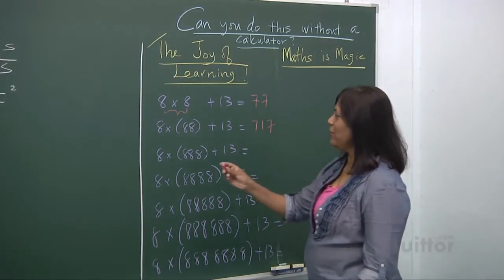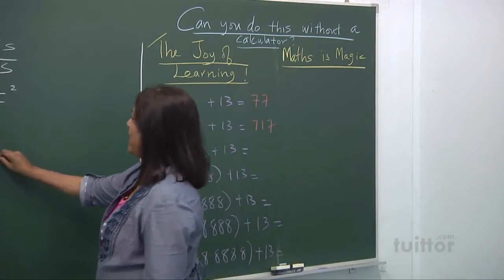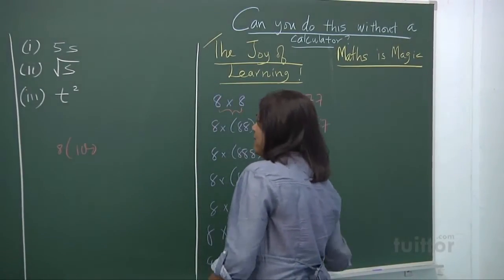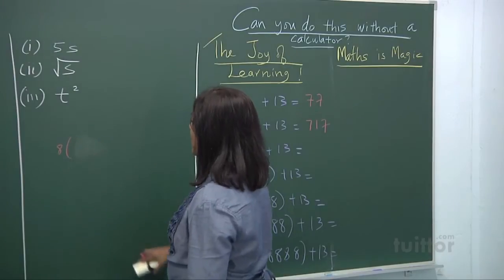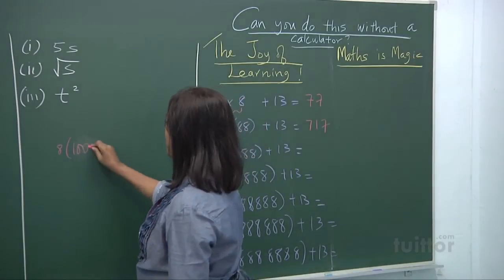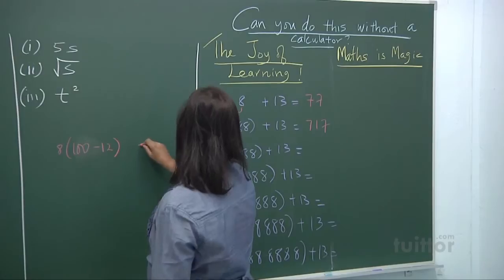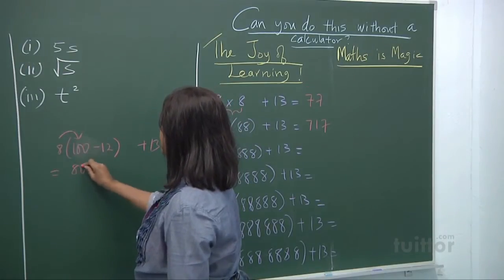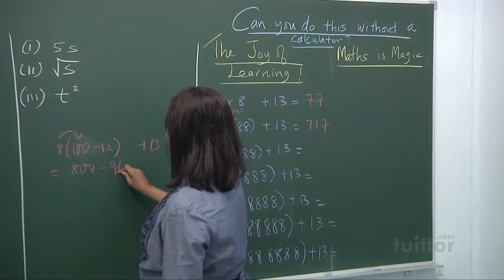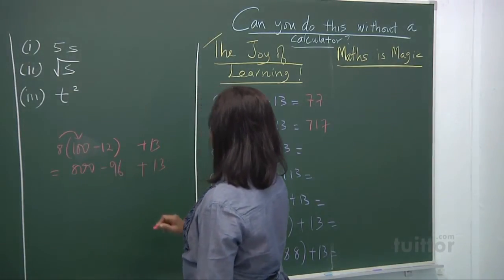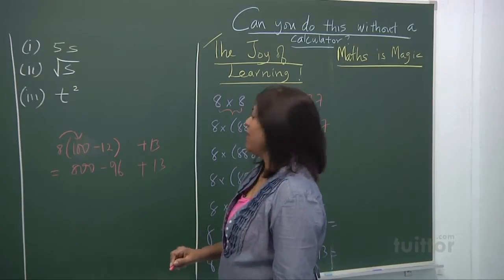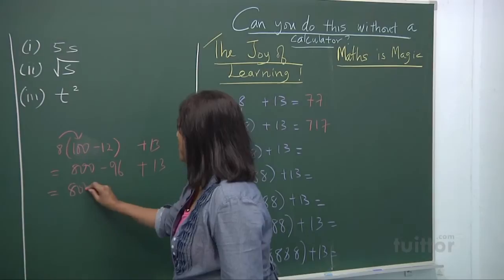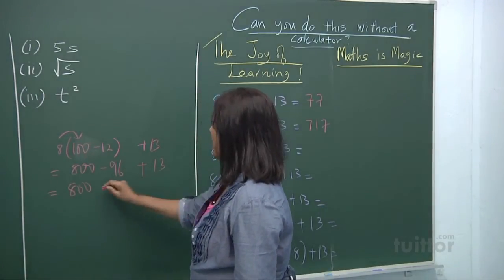Now what you can do, I would like to show you that 8 times 88 plus 13. All you need to do is say 88 is 100 minus 12, so it is 800 minus 96, and you plus 13.